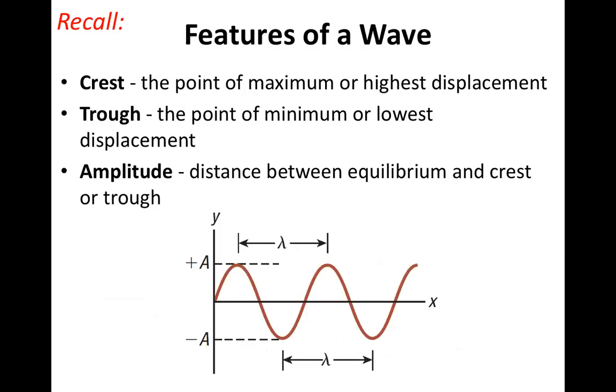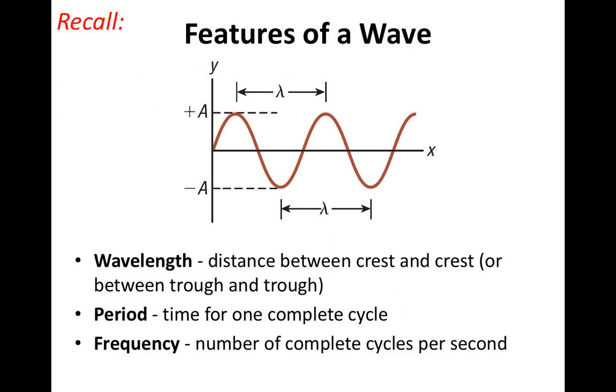With the features of a wave, you should know the definitions. A crest is the point of maximum or highest displacement on a wave. The trough is the point of minimum or lowest displacement. Amplitude is the distance between equilibrium and a crest, or between equilibrium and a trough.